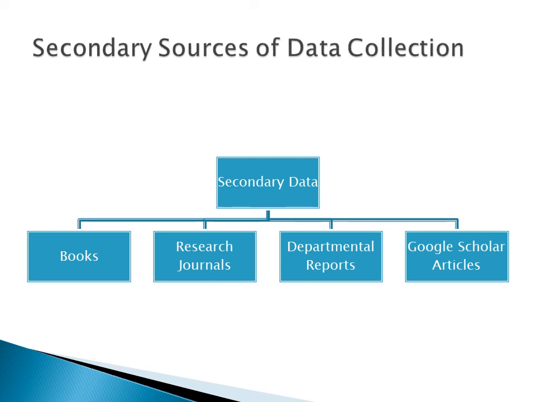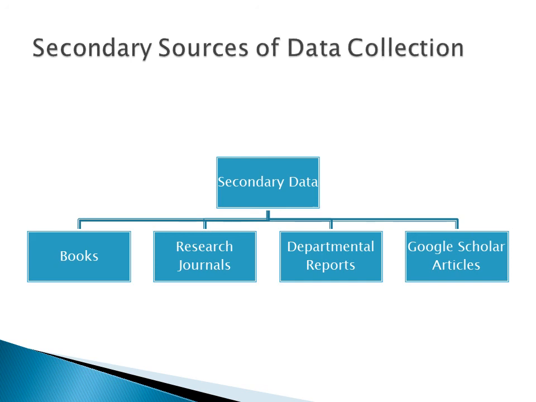Then we have a lot of research journals, which are again a source of data collection, because before any research, as I told you, you need to study at least 10 or 20 articles related to your topic. That article you will read from the research journals.